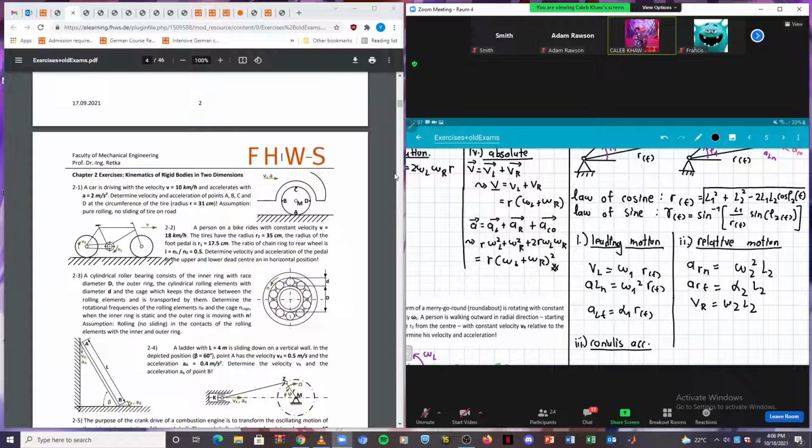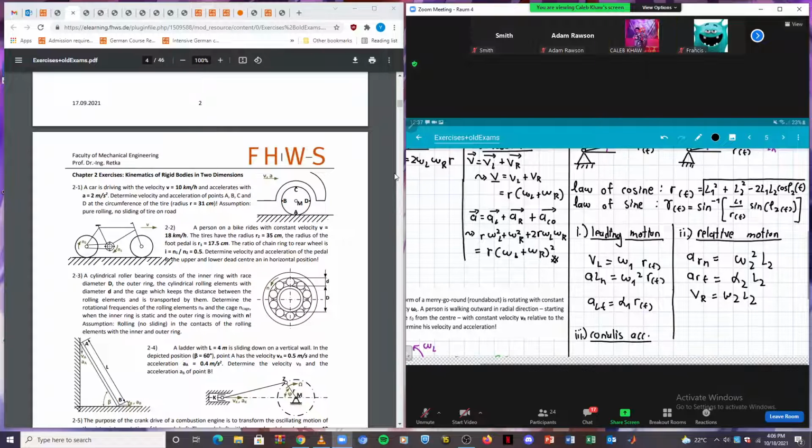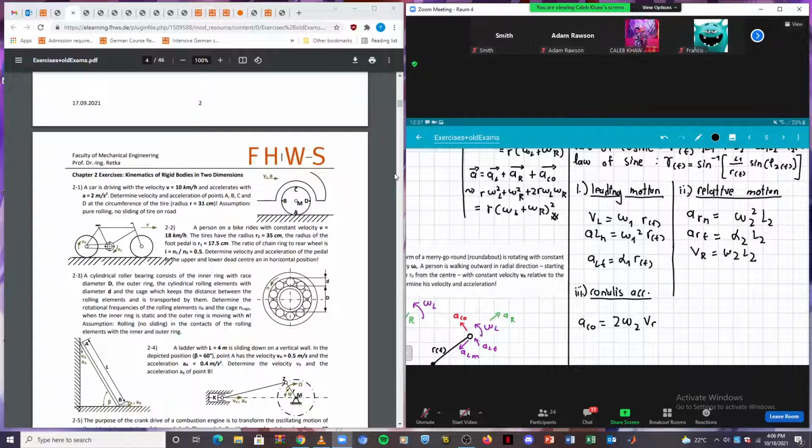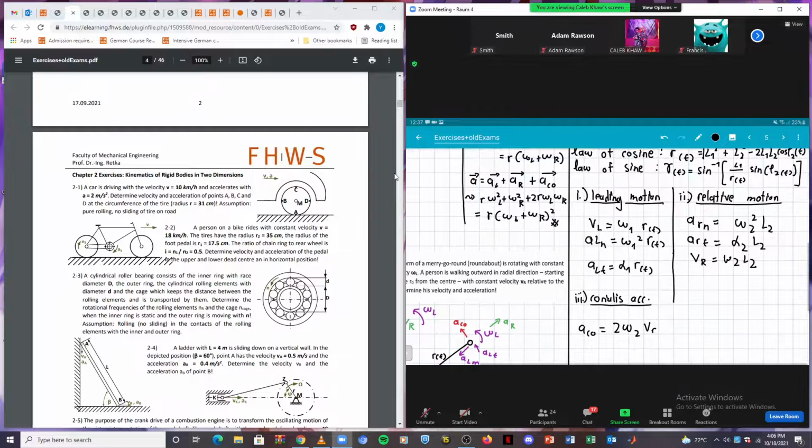And then you have Coriolis acceleration, the equation for the Coriolis acceleration. Yes, okay. Then you can substitute V_R such that it depends on the values given. And it's not omega 2, it's omega 1, leading angular velocity, omega 1 times V_R. Yes.